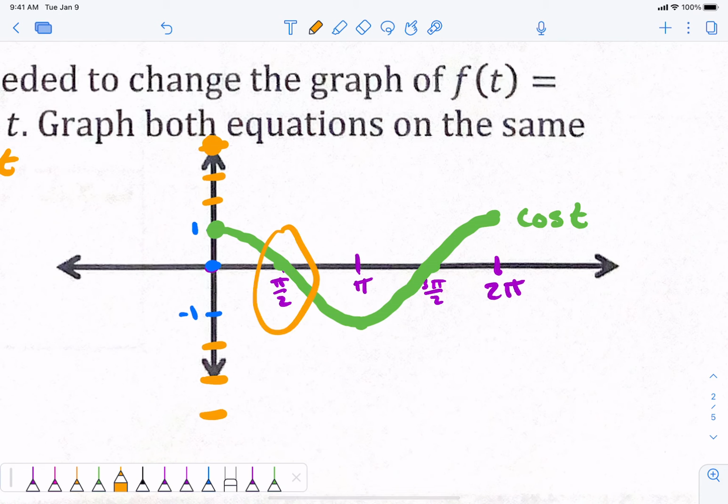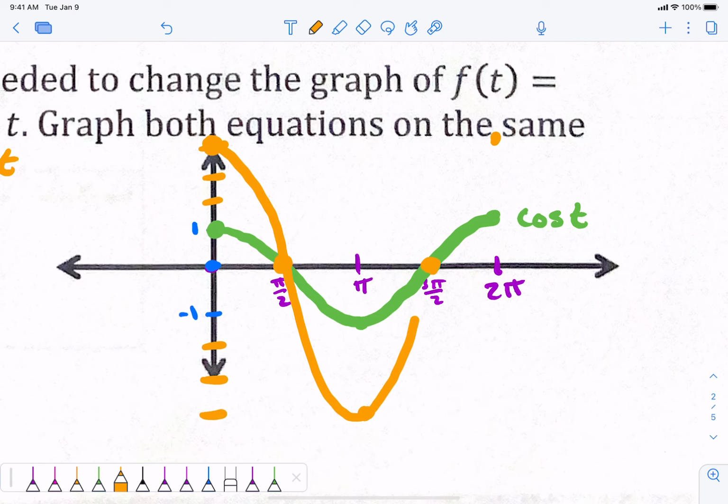At pi/2, where is he going to touch? He's going to still touch at 0. At pi, he will be down at -4. At 3 pi/2, he still touches at 0, and then he goes back up to 4. So this is what he looks like.